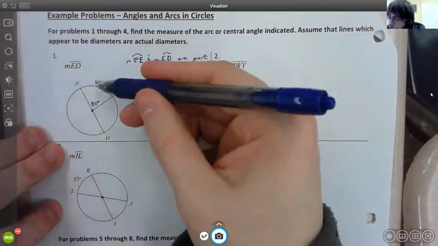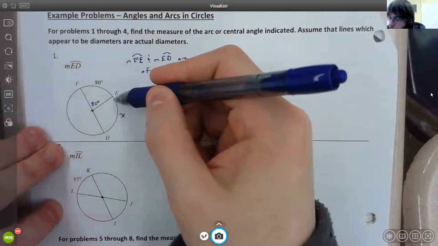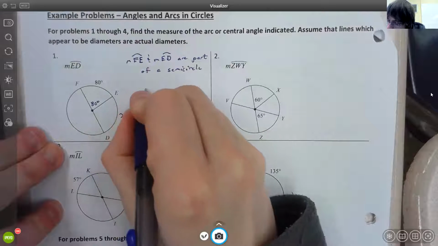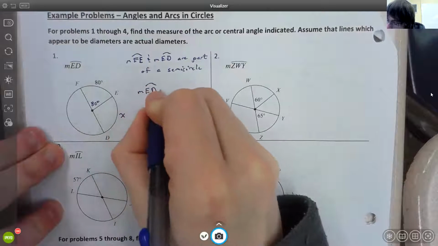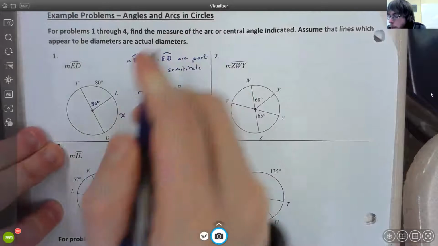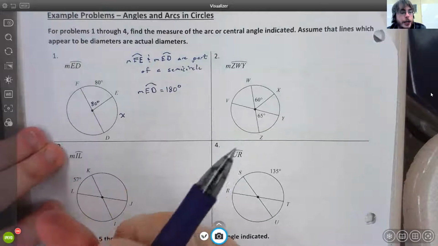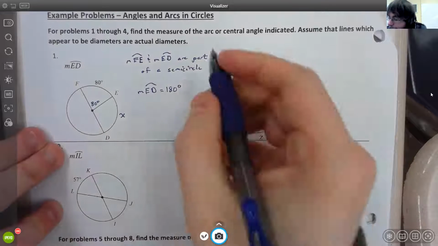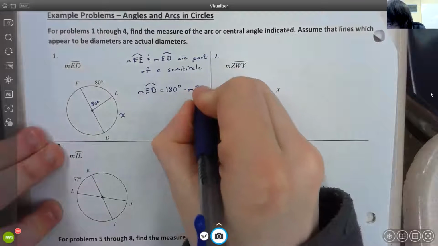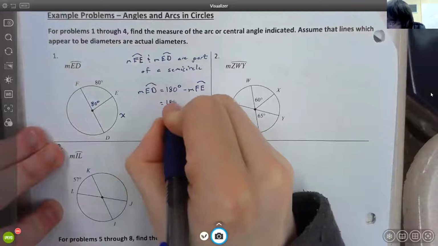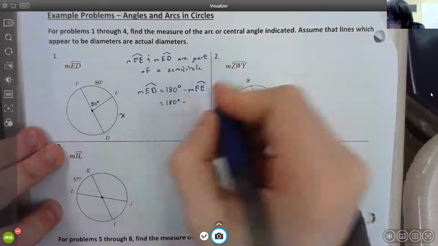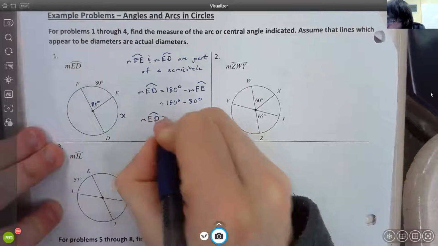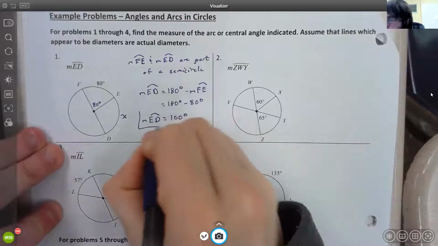That means that to find our arc ED, we can take 180 degrees and subtract the other arc that we know is part of that. And in this case, it would be FE. So we take 180 minus the measure of arc FE, which is 80, and we get that arc ED is going to be equal to 100 degrees.